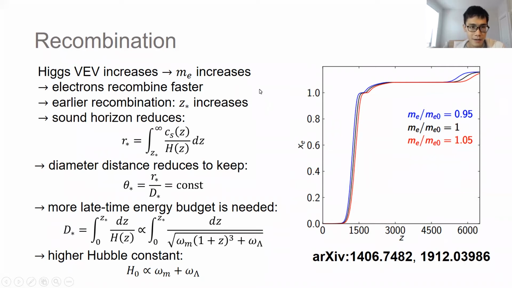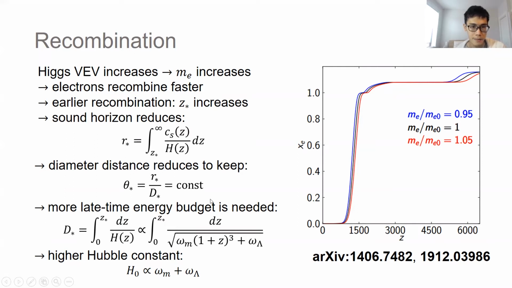So if the electron recombines faster, we essentially make recombination happen earlier, and so we increase the recombination redshift, denoted as z star here. When we increase the recombination redshift, we reduce the sound horizon at recombination, because r star is by definition an integral from z star to infinity.